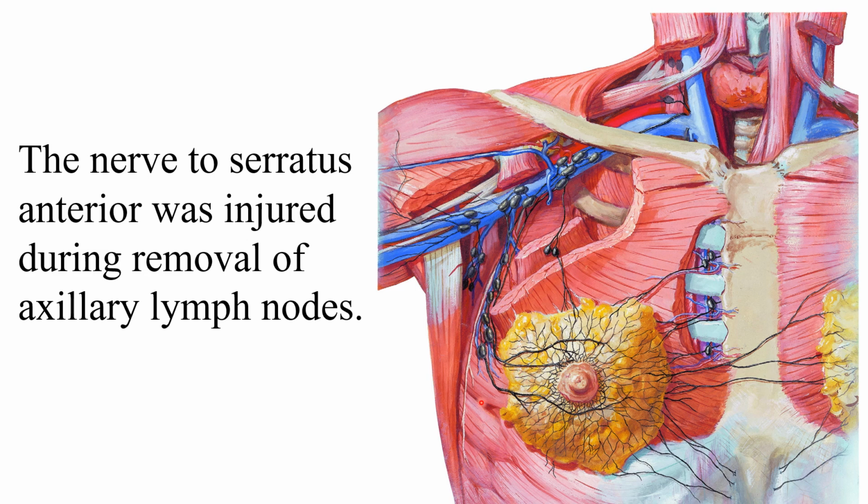During the removal of this mammary gland, the surgeon must have damaged this long thoracic nerve, that is causing the winging of scapula, and also the patient is not able to lift her arm above the shoulder. So the nerve to the serratus anterior was injured during the removal of axillary lymph nodes. Which lymph nodes? Sentinel group of lymph nodes. So that is the answer for the third question.